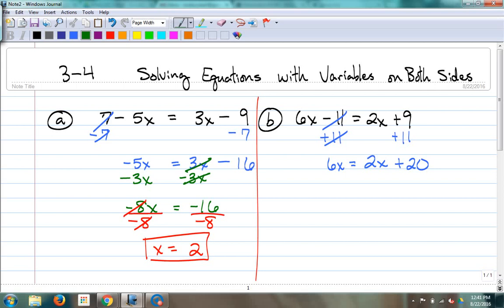And then what? Minus the 2x. That gets the like terms together. 4x is equal to 20. Divide by the 4, the last step, and x is 5. You guys are pretty good at this.